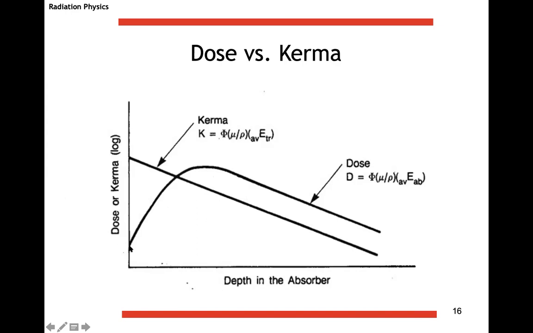So at the beginning you start very low, then you reach a maximum, and then you start to go down when you have equilibrium, when the electrons produced in the previous layer are compensated by the electrons produced in the following layers. This is, of course, very important in radiotherapy. The maximum dose is not the entrance dose, not the skin dose, but is a little bit deeper, depending on the energy of the X-rays. You reach the maximum dose and then the dose goes down.